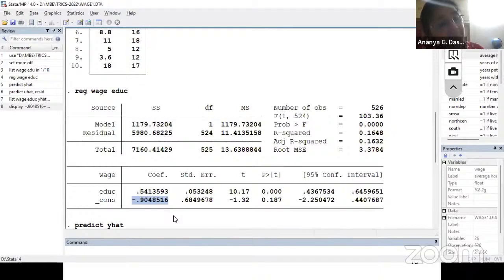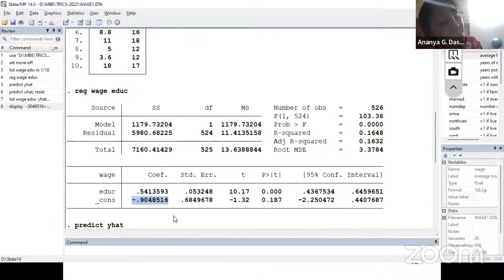But how did I get these estimates? I got these estimates using those estimators. Those estimators are random variables, because if you use another data set on wage and education with the same estimators, you're going to get different estimates. Random variables take different values with different probabilities, right?